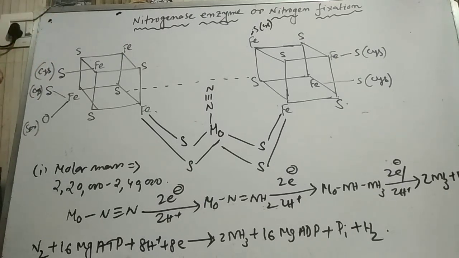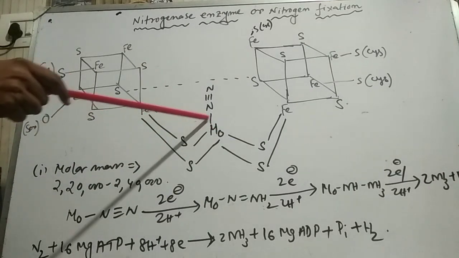As a result, the iron protein is reduced, and this iron protein transfers the electrons to the molybdenum iron protein.